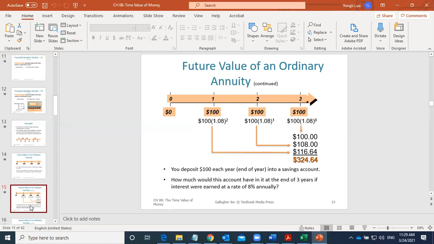It's a timeline like this, starting at 0 and then 1, 2, 3, showing how long it is and at which time the payment occurred, right? The timeline helps you figure out where the payment was made, and what kind of question it is: a present value question or a future value question. Step 1 is drawing the timeline.